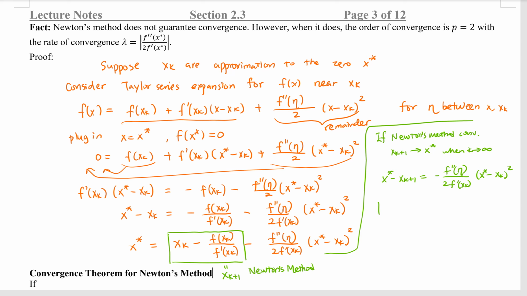If we give them an absolute value, then this becomes the absolute value of f prime prime eta over 2 f prime of xk, times x asterisk minus xk squared. Now if Newton's method converges, then xk plus 1 will converge to xk, right?